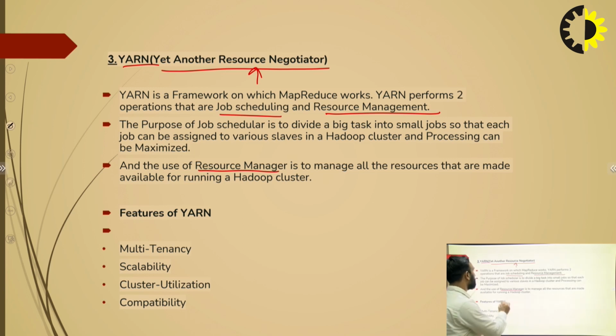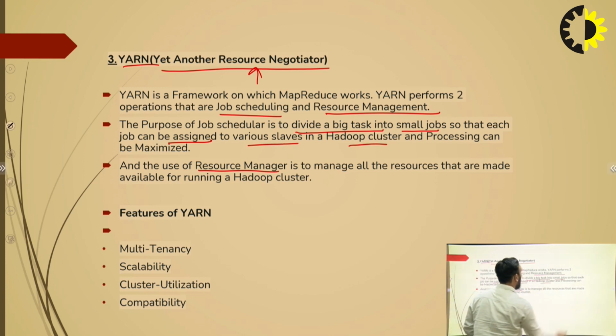The purpose of the job scheduler is to divide a big task into smaller jobs so that each job can be assigned to various slaves in a Hadoop cluster and processing can be maximized. As I said earlier, it works in a distributed manner. The job is divided across the cluster, and the processing, obviously, will be fast as compared to a single task.